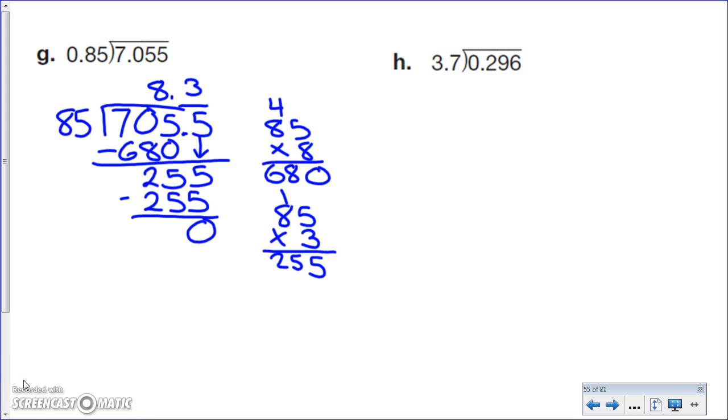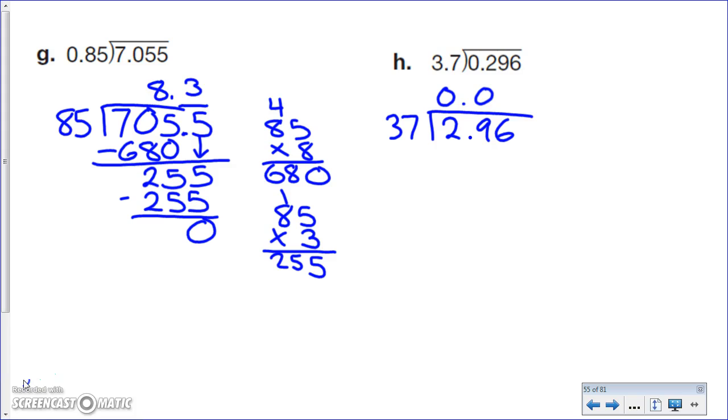For H, we only need to move the decimal 1 place. So we know 37 can't go into 2, so we're going to put the 0 and the decimal point. Then 37 can't go into 29, so we're going to put another 0. So now we've got 37 going into 296.